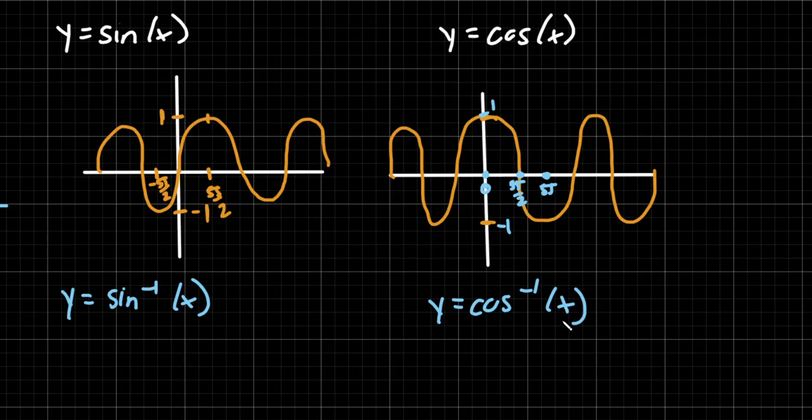Okay, looking at sine. Does sine pass the vertical line test? Who knows the vertical line test? Michael, what's the vertical line test? Yep, so if I go this way, we only have one x value for every y value. So it passes the vertical line test.